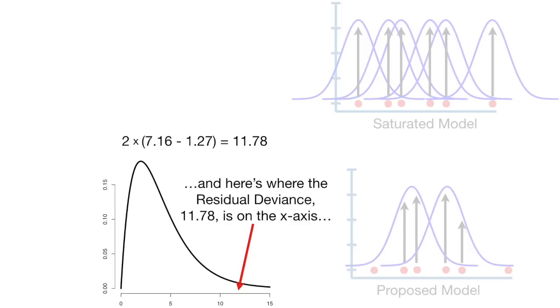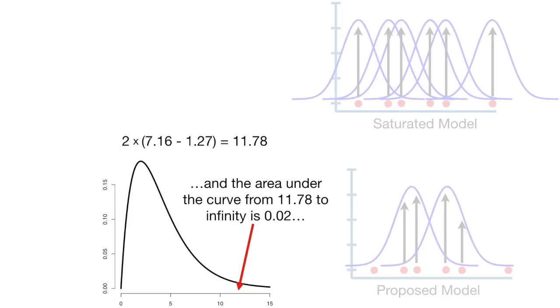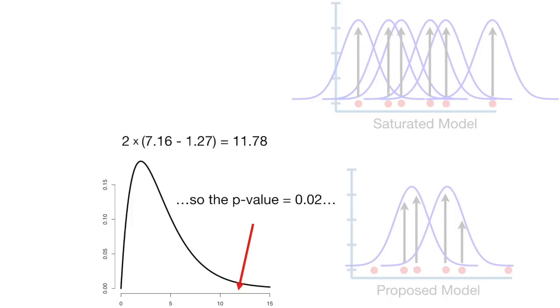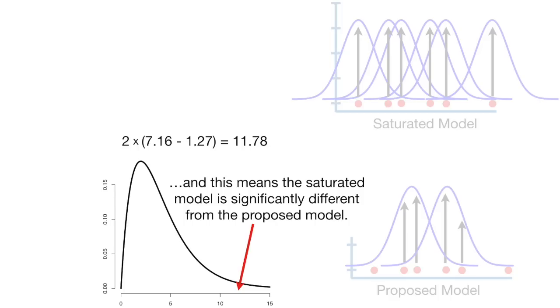And here's where the residual deviance, 11.78, is on the x-axis. And the area under the curve from 11.78 to infinity is 0.02. So the p-value equals 0.02. And this means that the saturated model is significantly different from the proposed model.